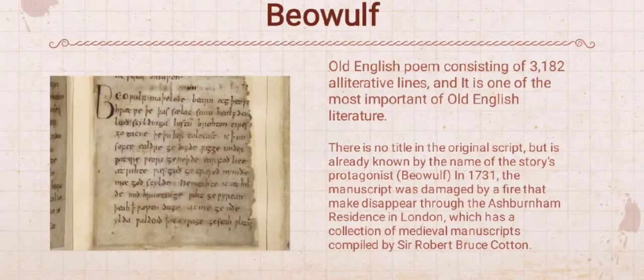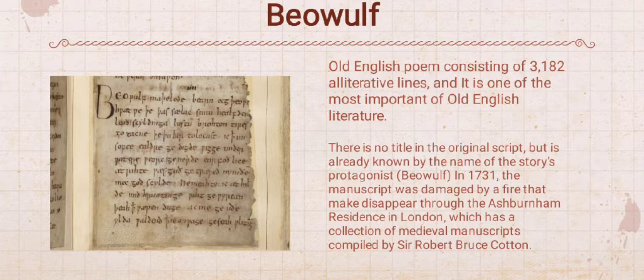Okay, first of all, what is Beowulf? Beowulf is an Old English poem consisting of 3,182 alliterative lines, and it is one of the most important works of Old English literature. There is no title in the original script, but it is known by the name of the story's protagonist, Beowulf.